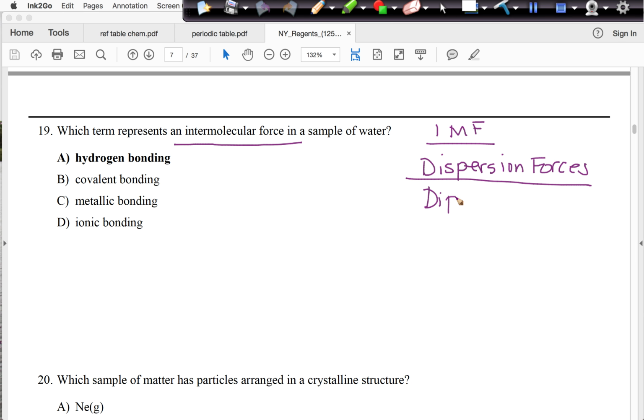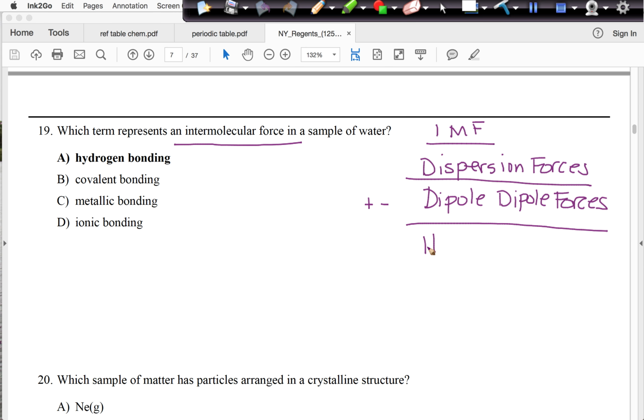We had dipole forces, which for an individual sample would be stronger than dispersion forces, and dipole forces are based on the positive side of one molecule attracting the negative side of another molecule.